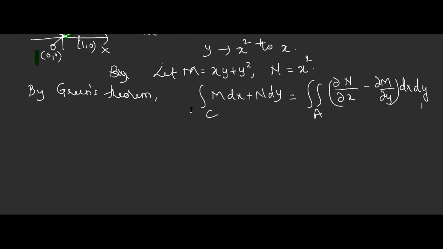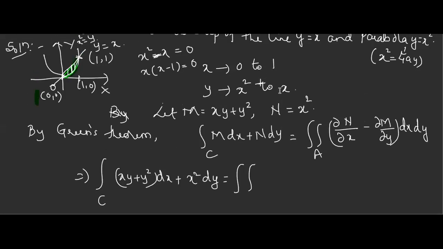Now substitute the values. So this is the integration over C of (xy plus y square) dx plus x square dy, which is equal to a double integration. First I have to write the limits for x, since it's outside.